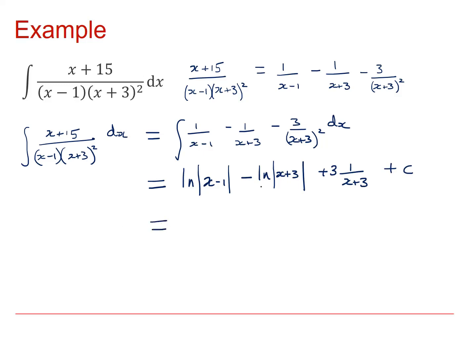Now I can combine these logs. I've got the log of x minus 1 take away the log of x plus 3, so that's the same as a division. So that's the log of x minus 1 over x plus 3. And then I've got plus 3 over x plus 3 plus c.